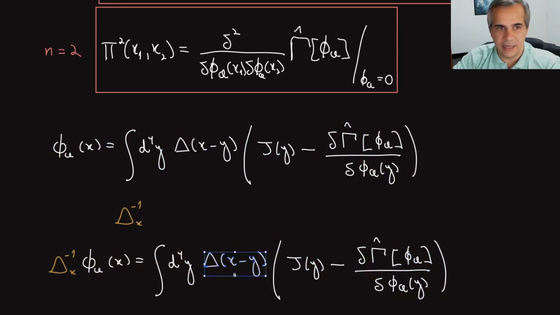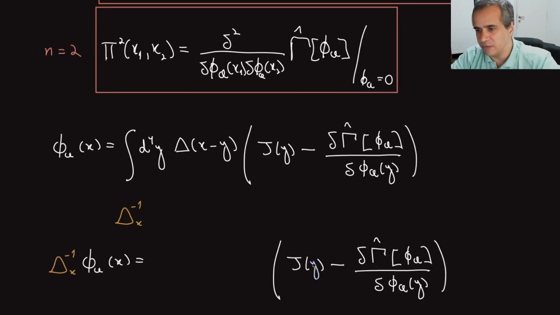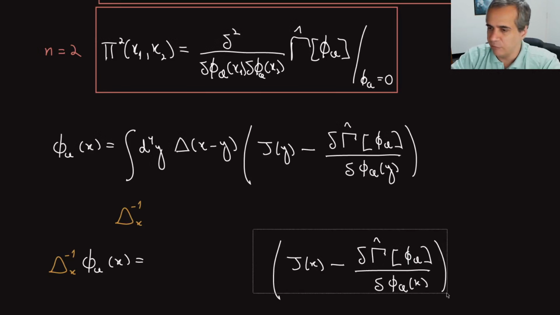And in here, once the inverse hits this function, I'll get a delta 4 of x minus y, which then I can use to make this integral and just replace y by x here and here. Once I differentiate these things in relation to phi classical, I'll get functions of x, of y, which then integrated will become functions of x. So that's the same as just exchanging this for an x.